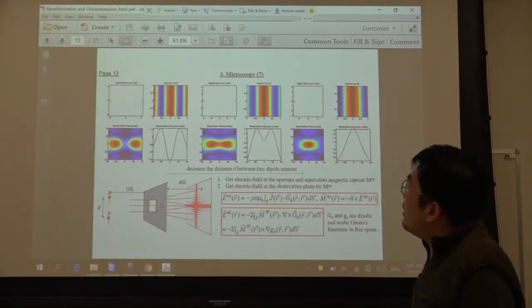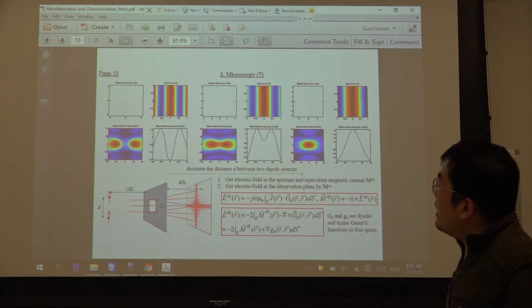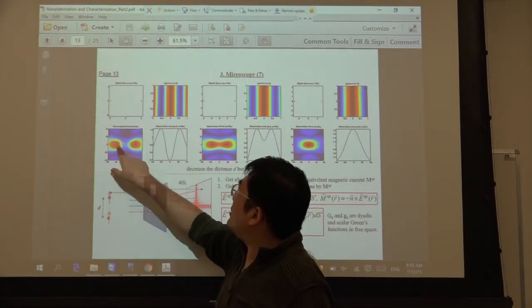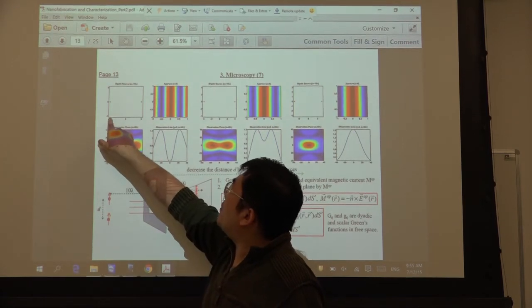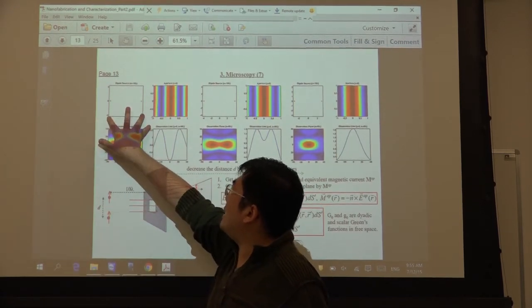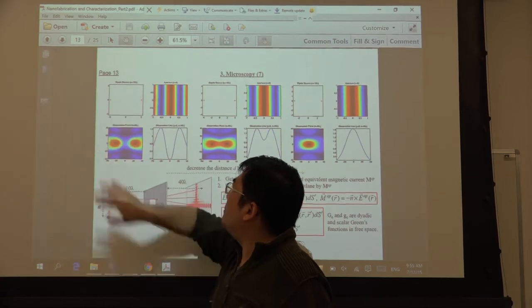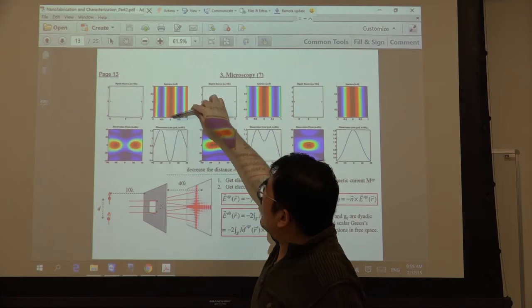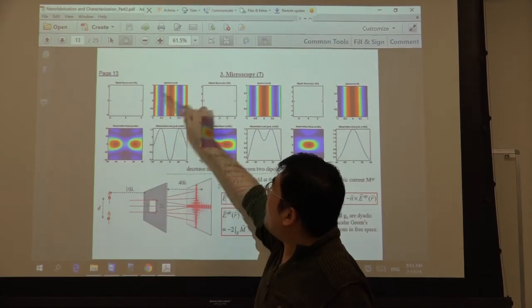So I gave a numerical experiment. First I separate the two-point source with a distance of 5. You can see this is the field from the two dipole and its aperture.